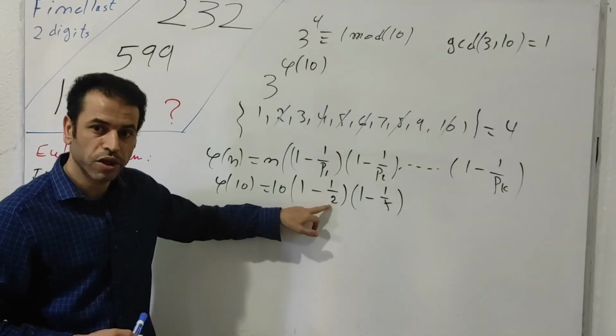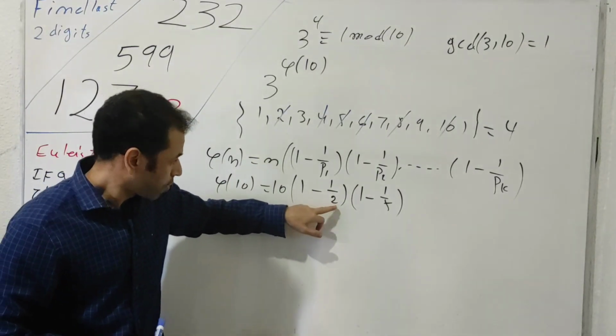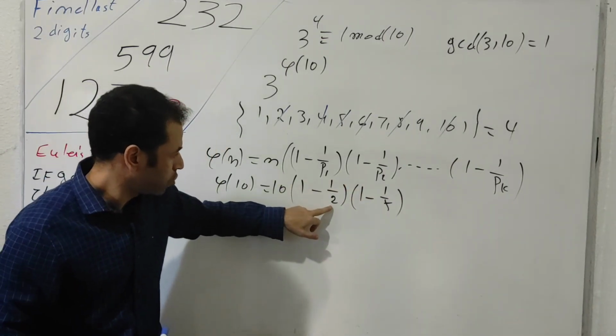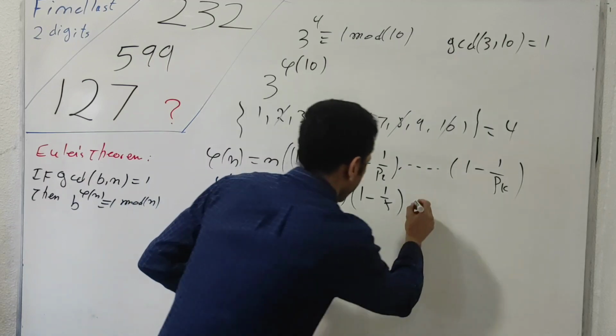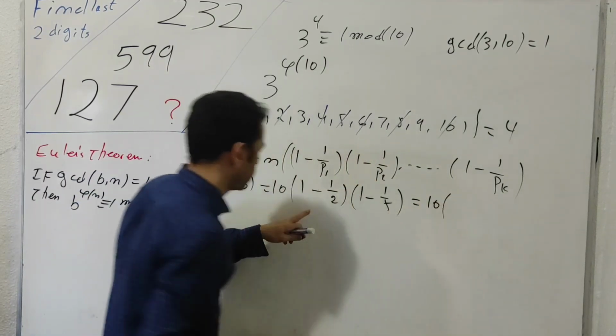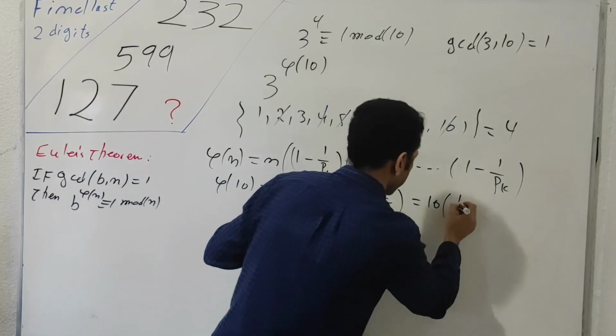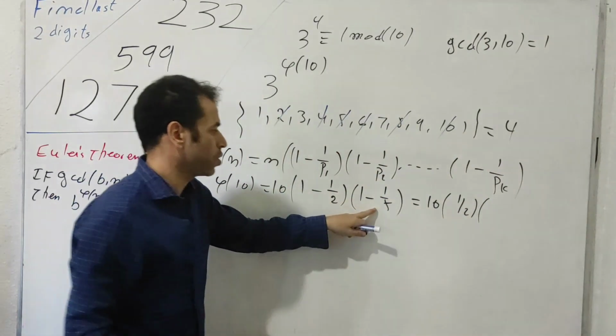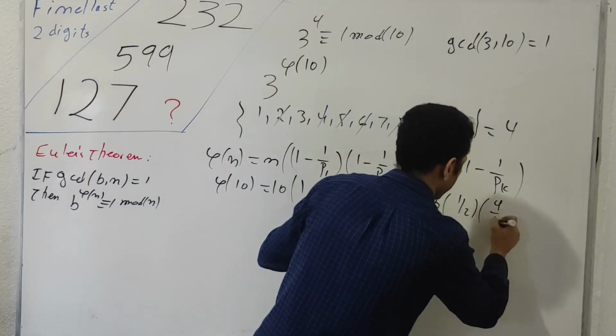The most important thing is that you have to use the prime numbers that divide 10. We have here only 2 and 5. So 10 is multiplied by 1 minus 1 over 2, which is a half, and this is multiplied by 1 minus 1 over 5, which gives us 4 over 5.